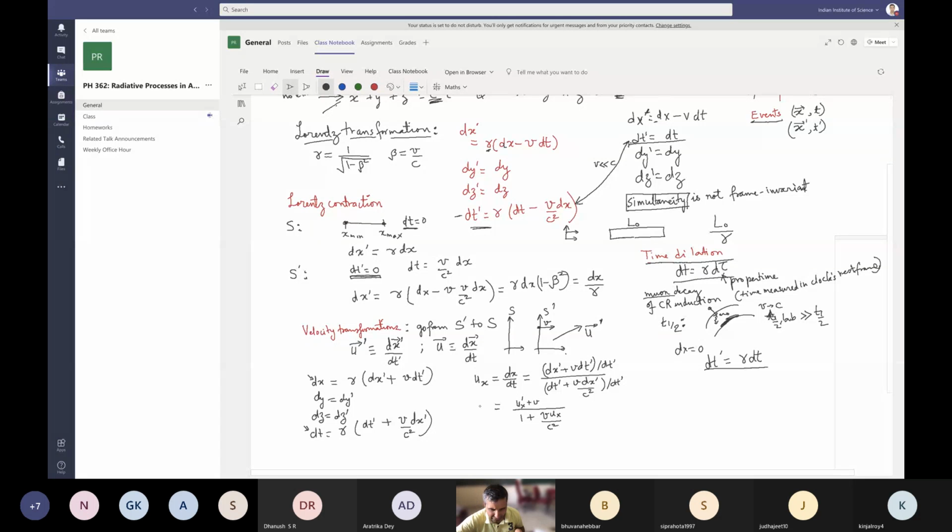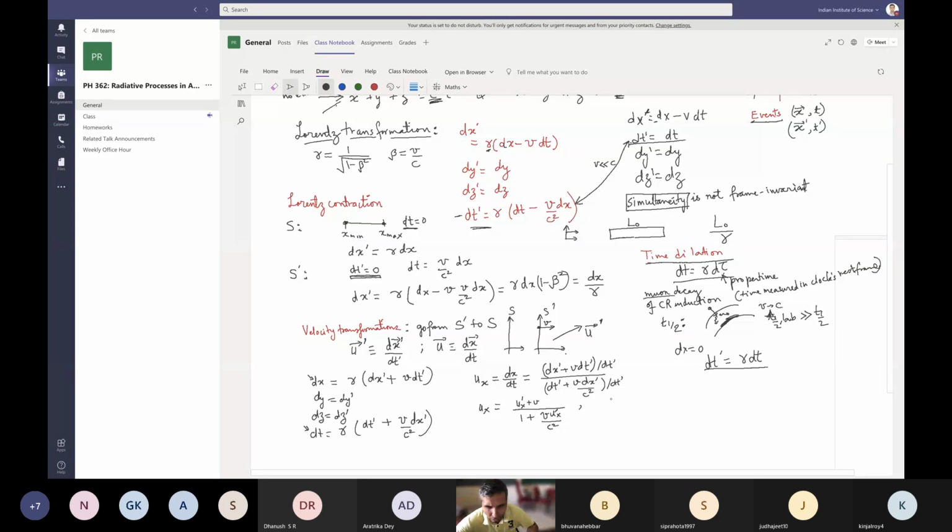This is simple, right? So this is ux, how velocity is given in the unprimed frame in terms of the velocity in the primed frame and the frame velocity, the relative velocity between the frames. This is the velocity transformation law in the x direction.